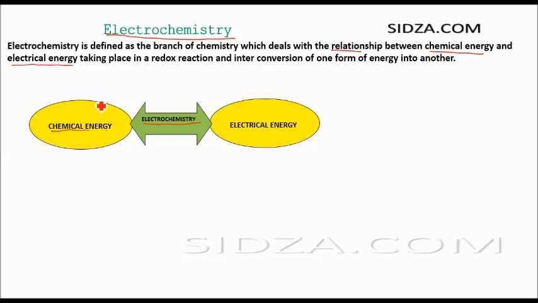We have a device by which we can change chemical energy into electrical energy. When you change chemical energy into electrical energy, the device in which it is converted is called a galvanic cell, right?